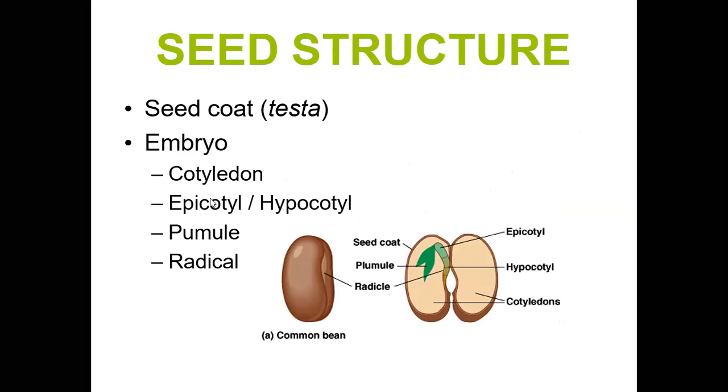You can see the same parts revised here. Seed coat is the outermost layer. Embryo is the internal part, and there are cotyledons, epicotyle, plumule, and radicle.